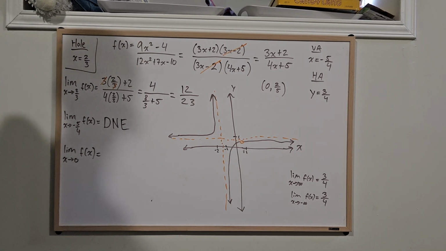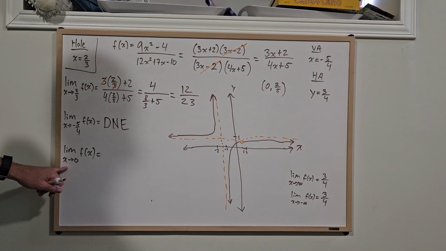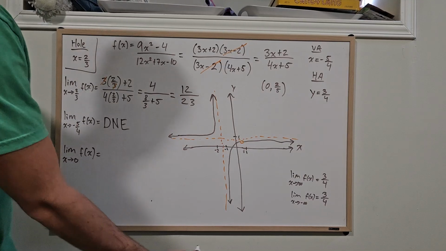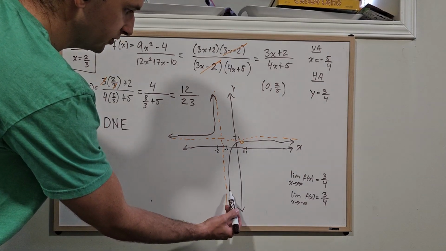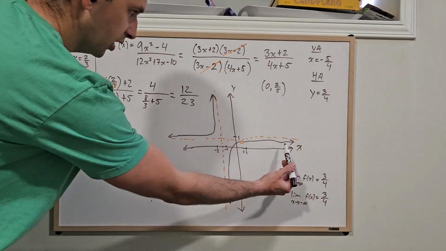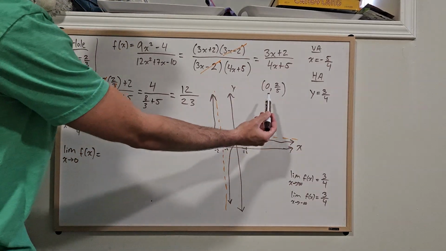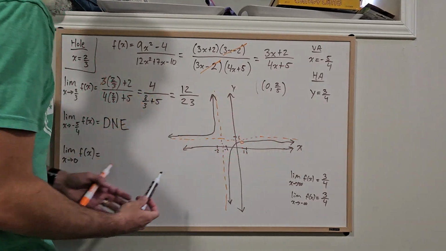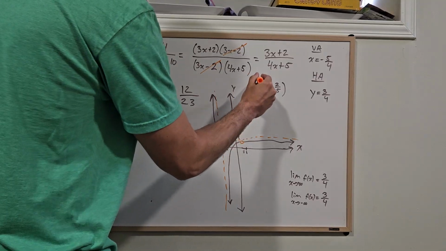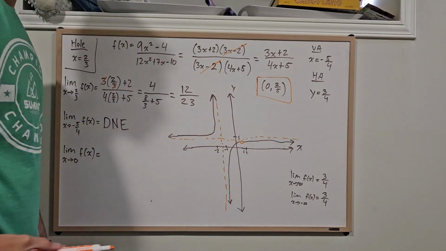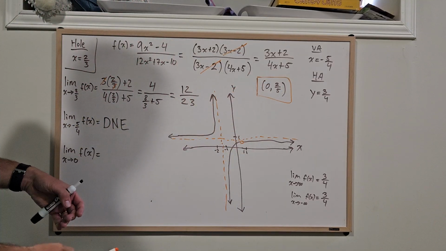Just like that, okay? The limit as x is approaching 0. Well, let's see. X approaching 0 from the left side, we got a value. We got a value from there too. Oh, wait a minute. We already calculated that value right up here. That's one of the points we used to help us draw our graph in the first place.